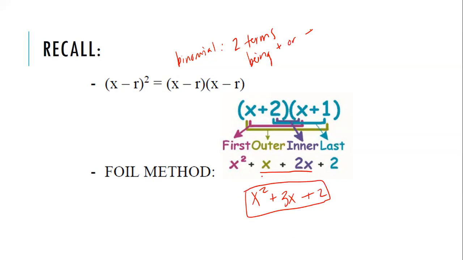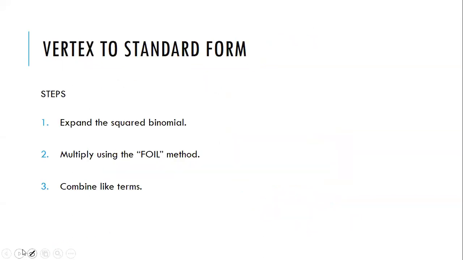Do you all remember the FOIL method? So how do we go from vertex to standard form? We expand the squared binomial, then we multiply using the FOIL method, and then we are going to combine like terms. Okay, so expand, multiply, combine like terms.